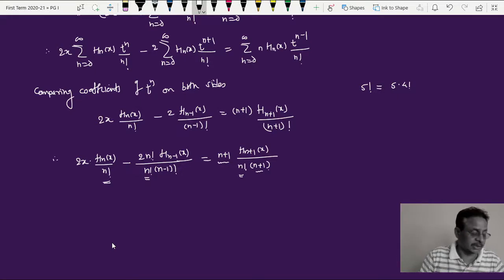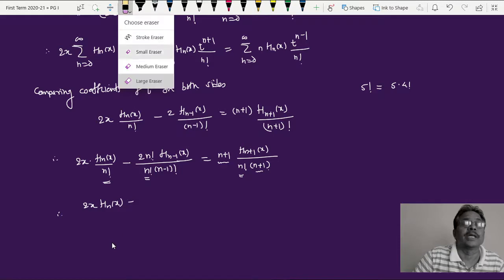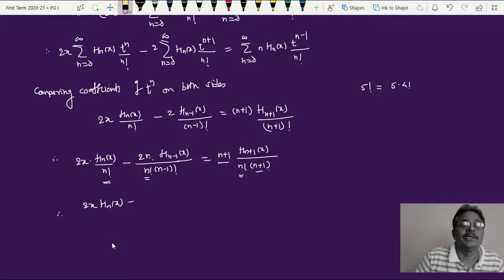So what cancels and what remains is twice x into h_n of x minus, sorry, this term I should not have written as n factorial. Now let me make a correction here. This should be only n. I'll write once again. So this is simply n upon n. Then this entire thing becomes n factorial.